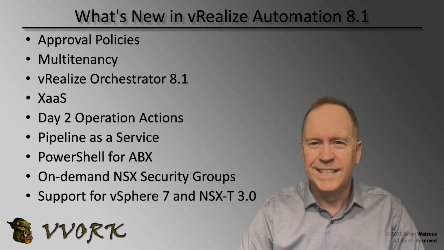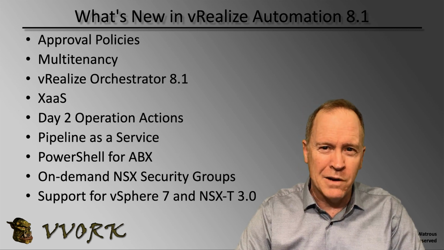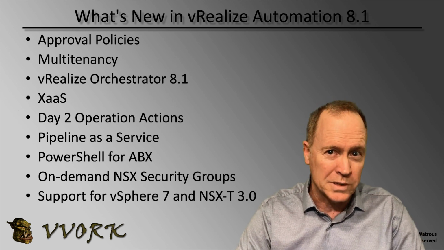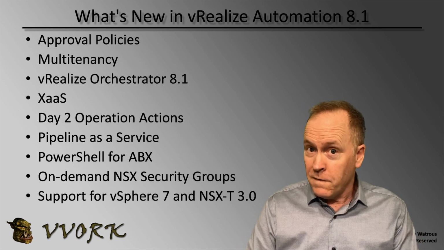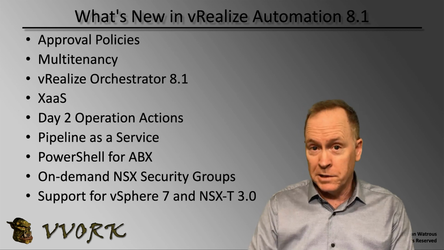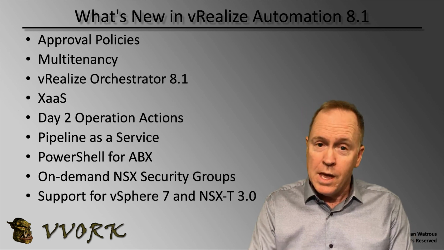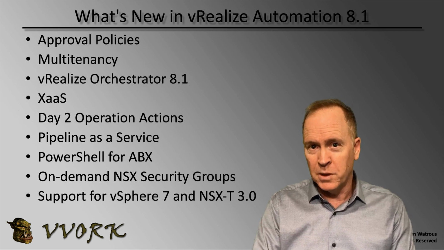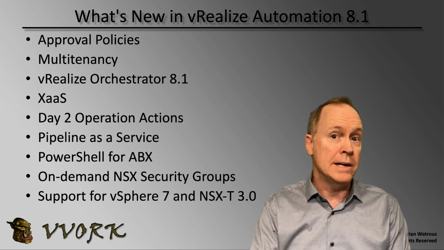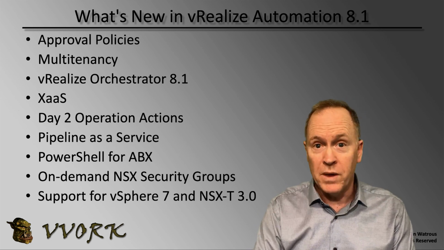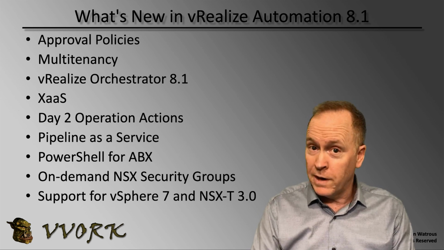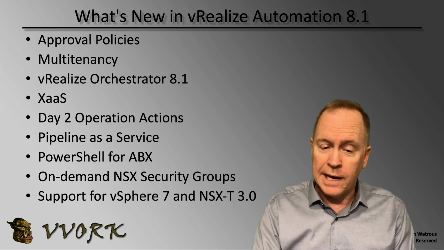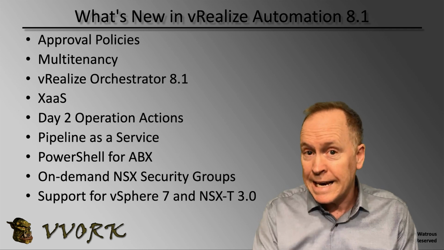Our next new vRA 8.1 feature is on-demand NSX security groups. In earlier versions of vRealize Automation 8, for instance 8.0 and 8.0.1, we make it really easy for you in our Blueprint Designer to deploy not just machines, but networks to plug those machines into. And if you have NSX in your environment, your vRA blueprints can dynamically create new networks via NSX.